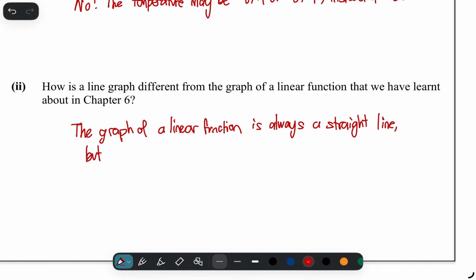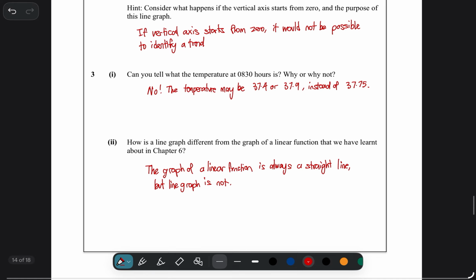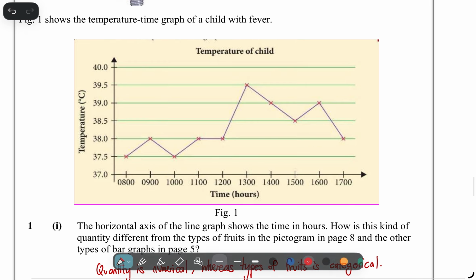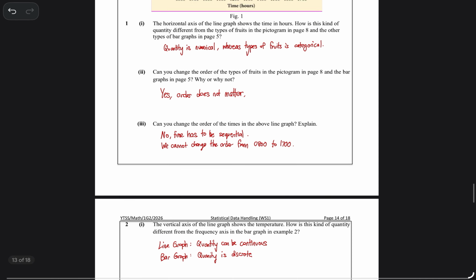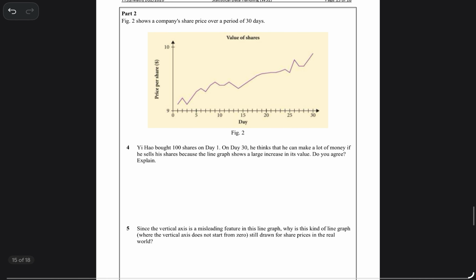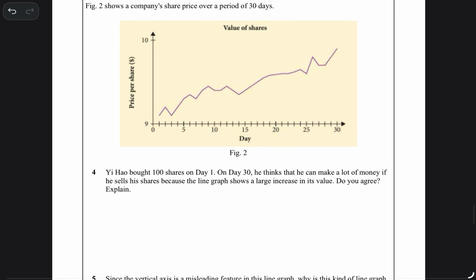But a line graph may not be just a straight line. You can see the line graph usually is very zigzag. The pattern of the graph can be up, down, up, down. It's not necessarily one straight line like this.